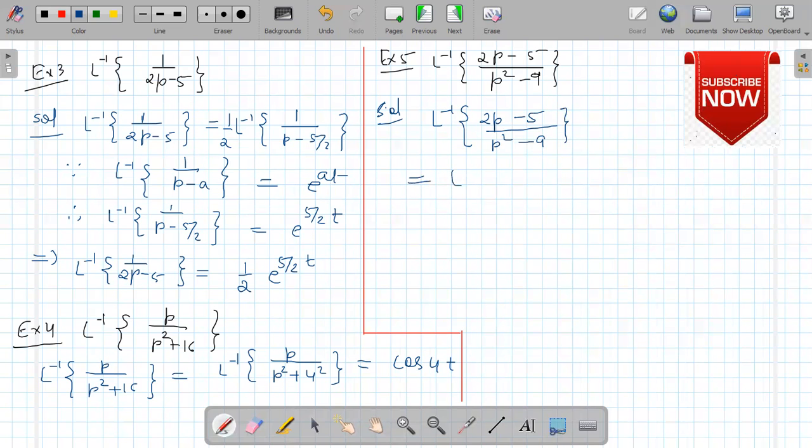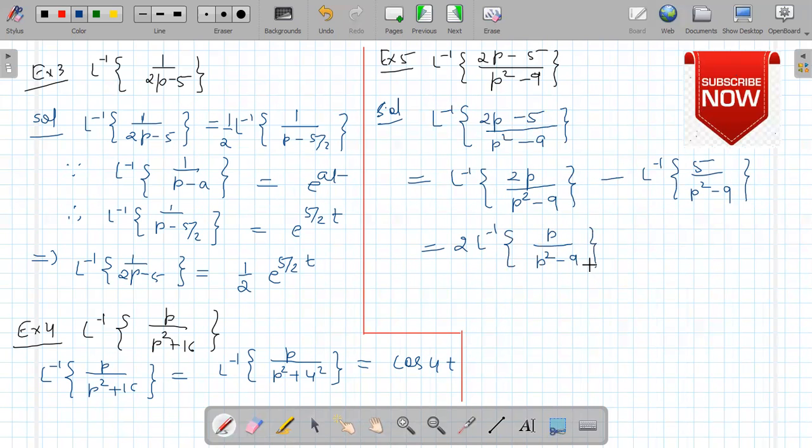This is equal to Laplace inverse of 2p upon p square minus 9 minus Laplace inverse of 5 upon p square minus 9. Now we take this 2 outside the bracket, p upon p square minus 9, and we take this 5 also outside the bracket, 1 upon p square minus 9.